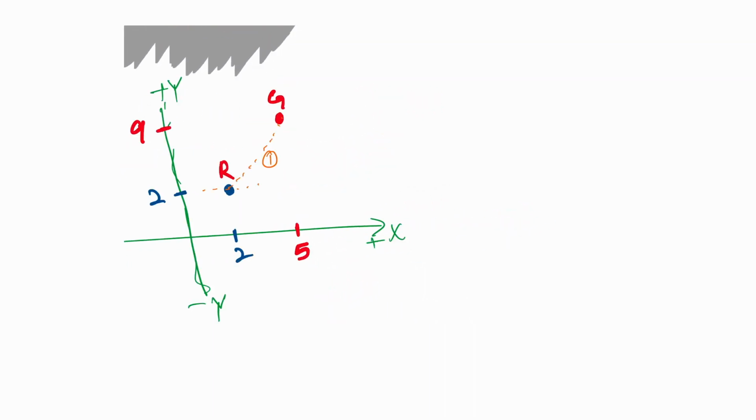So let's say this is our situation in which we want to find the distance to goal. As we all know, the shortest distance without considering any obstacle in between is the Euclidean distance. The Euclidean distance is the square root of (x2 minus x1) squared plus (y2 minus y1) squared. This gives us the shortest distance.